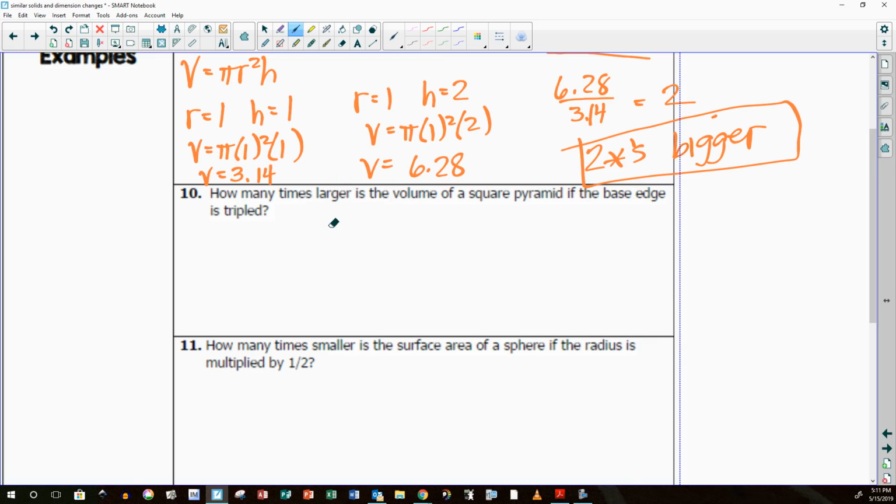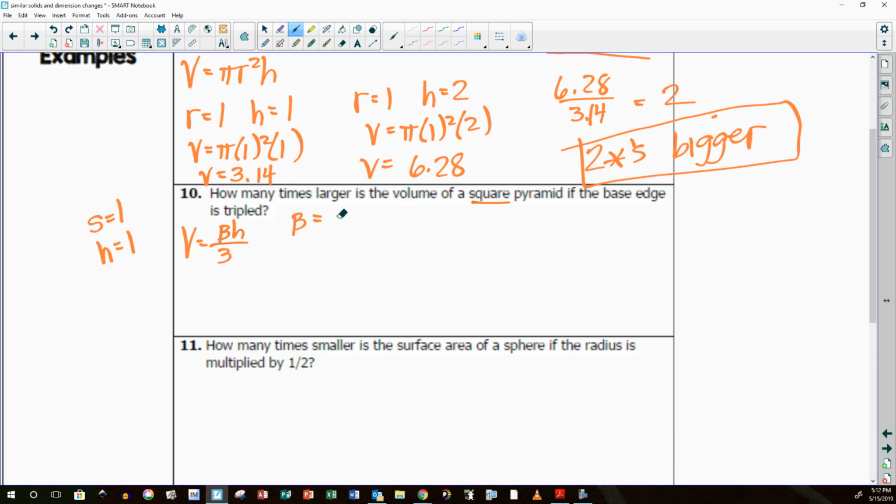How many times larger is the volume of a square pyramid if the base edge is tripled? We've got volume is base times height divided by 3. The base is a square, so let's say the sides are 1 and the height is 1.